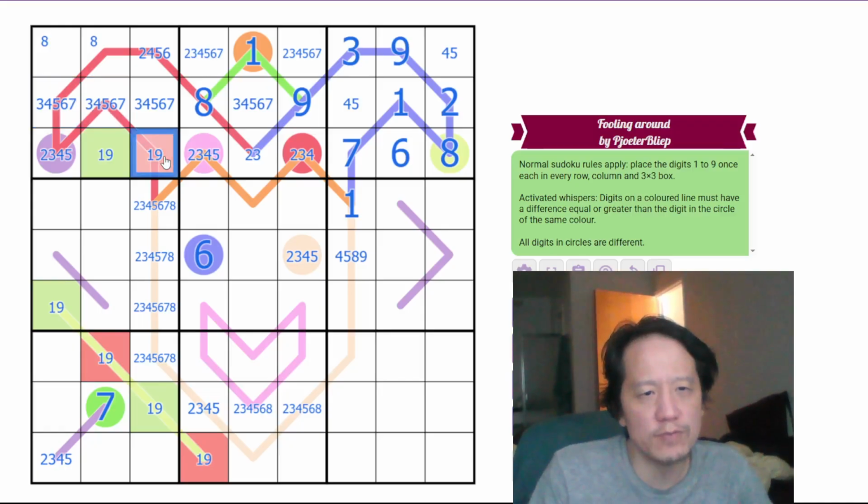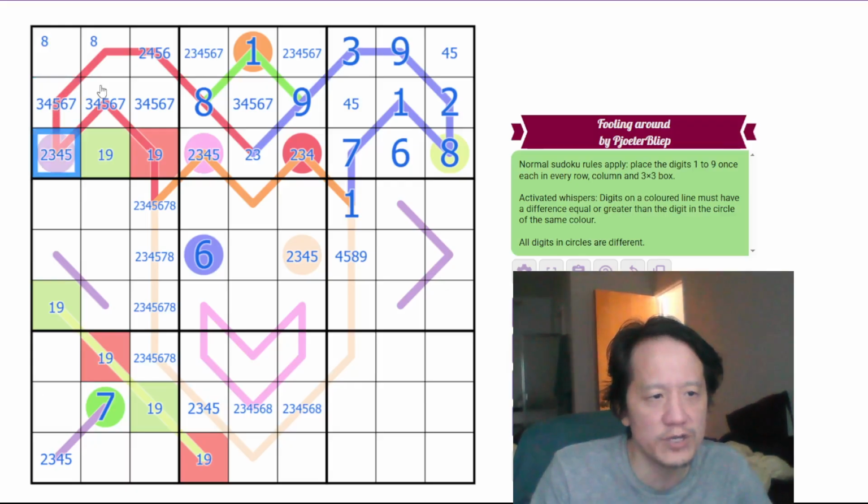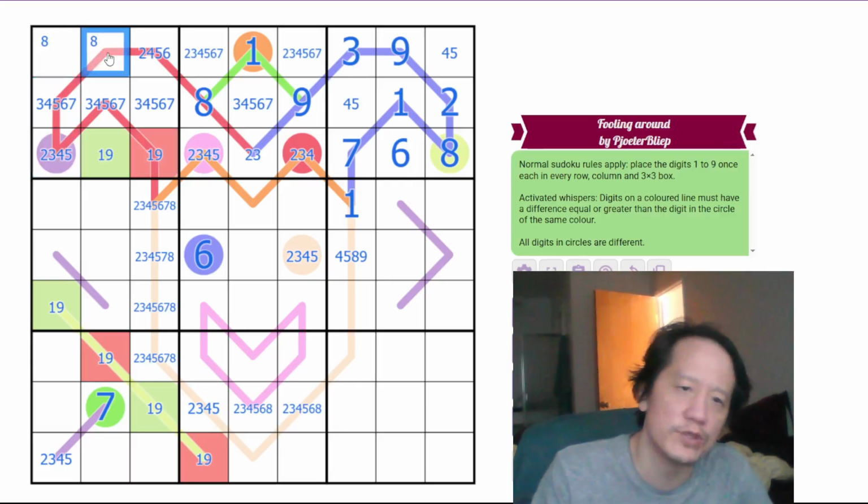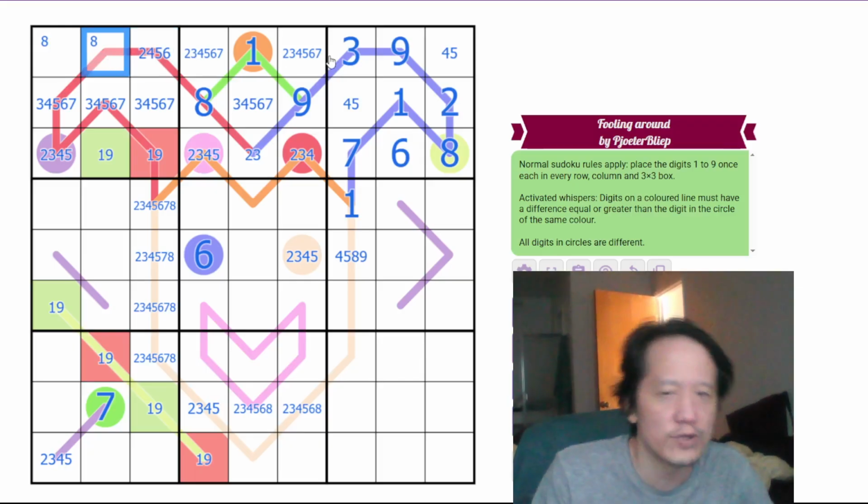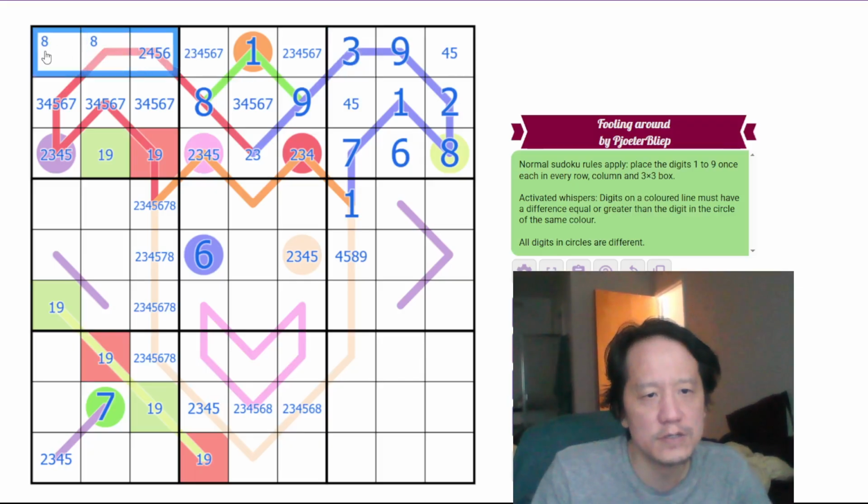Therefore, this would have to be 1, because 4 away from 6 and 7 cannot be 9. So this would be 2, 1. 6 can only be next to 2 and 1, so this would be 6. This would be 7. 7 can only be next to 1, 2, or 3, so this would be 3. But 3 cannot be next to 2, 4, 5, or 6. And 3 can't be here anyways. So that doesn't work.